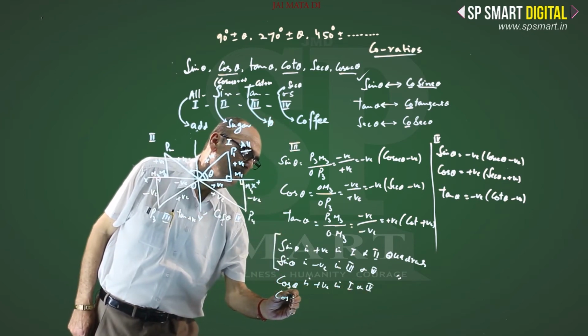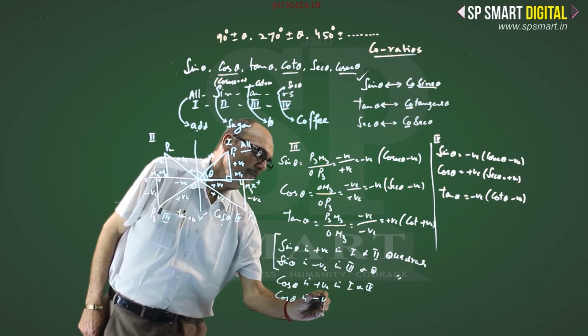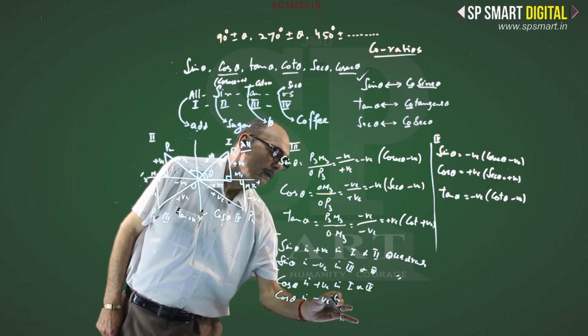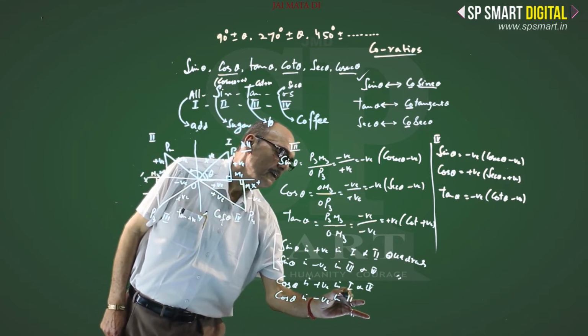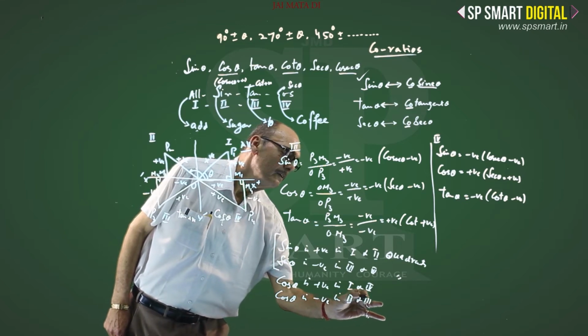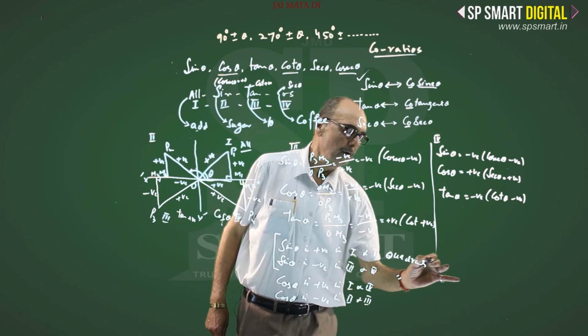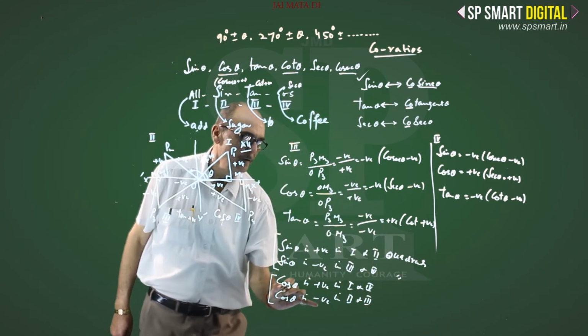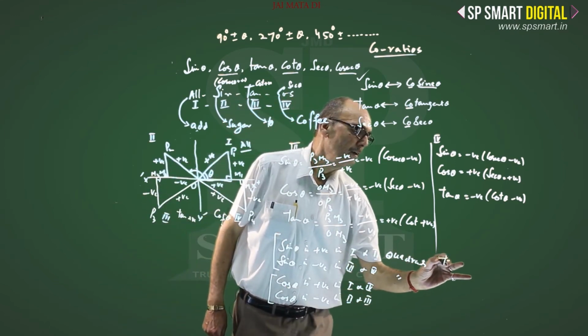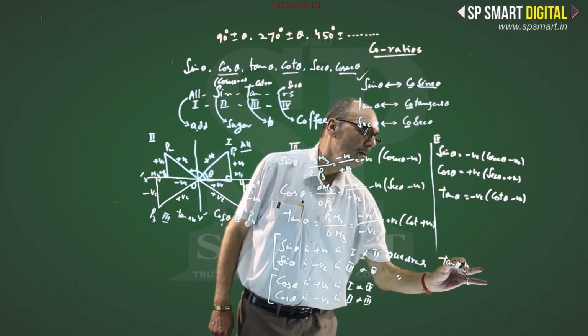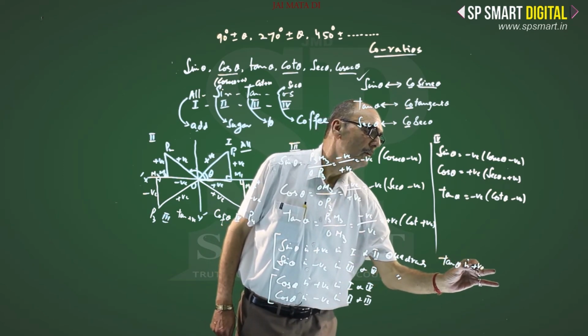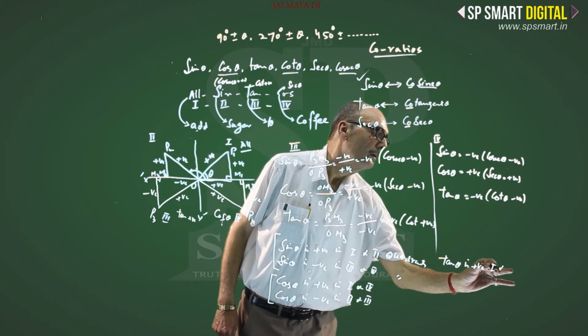Cos theta is negative in second and third. Tan theta is positive in first and third.